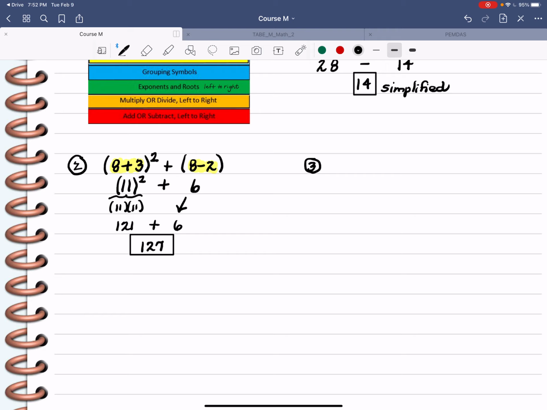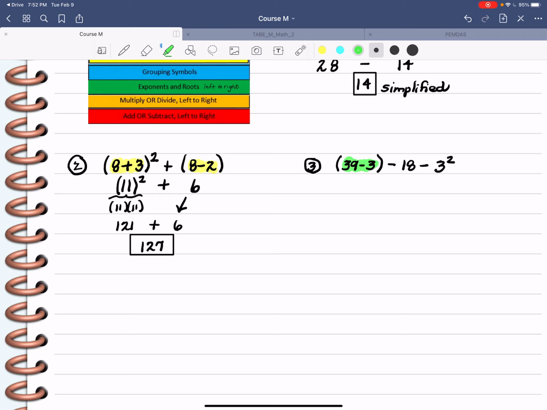Number 3, parentheses, 39 minus 3, parentheses, minus 18 minus 3 squared. What must come first? You got it.